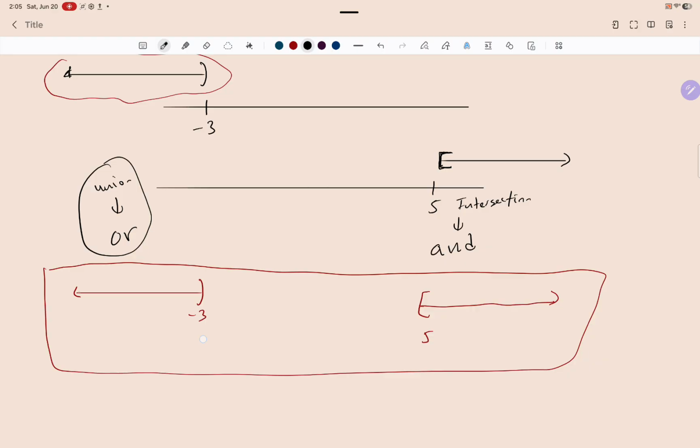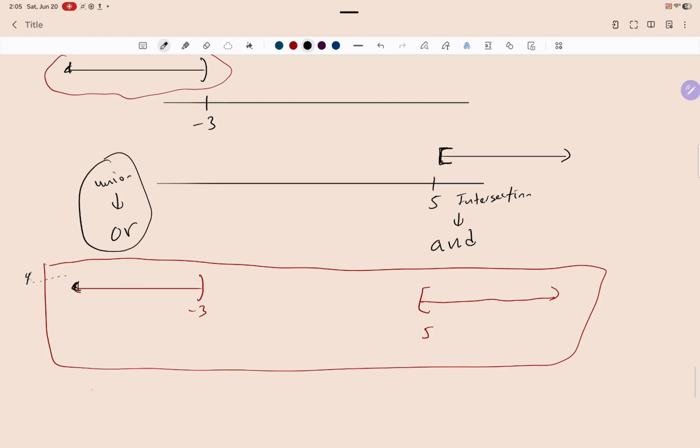Remember that we always read it from left to right. And since this is an arrow, we're going all the way over here. So that means we're from negative infinity, we're walking, and then we hit this -3, but we cannot touch it. We get very close to it. And then we jump over, all the way to the 5.